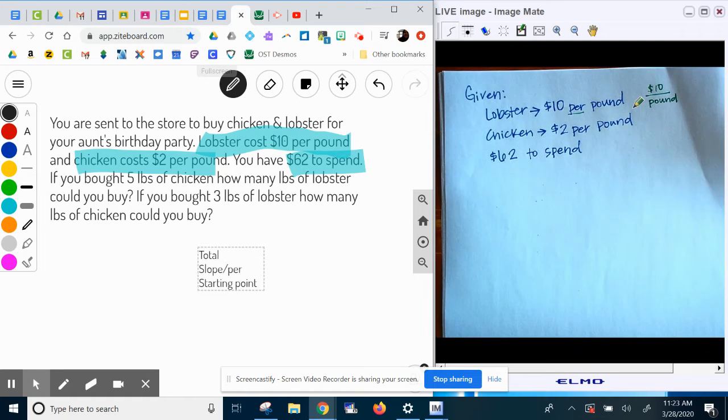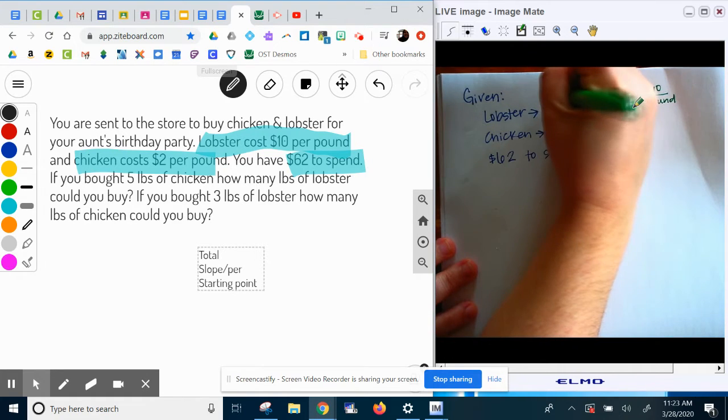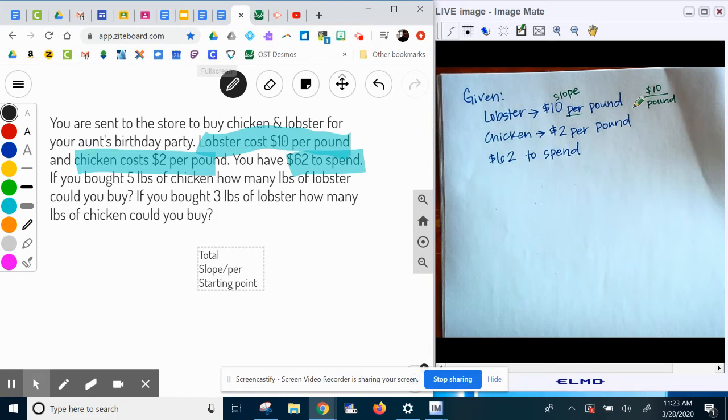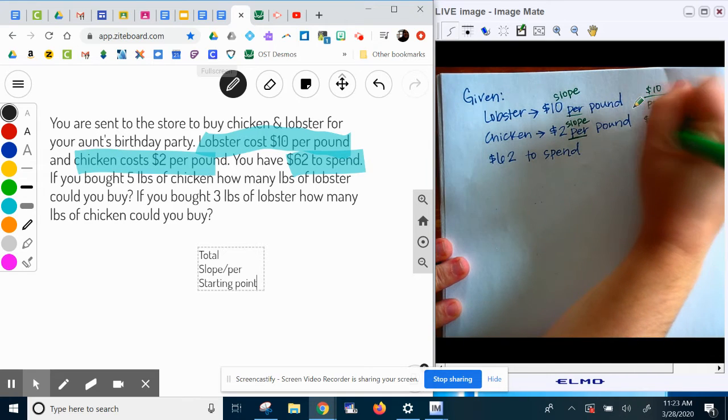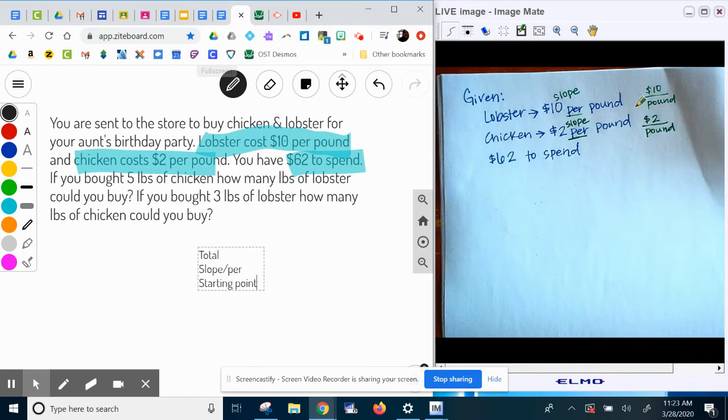So I know that's a slope or a rate. Next, chicken is $2 per pound. There's per again, so I know this is a slope, $2 per pound. And then $62 to spend.